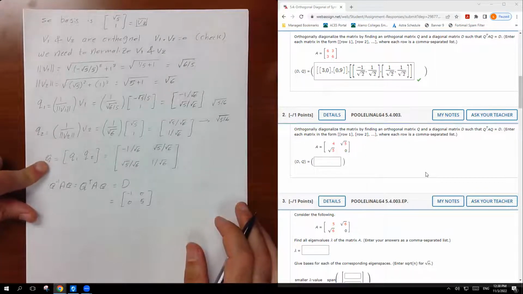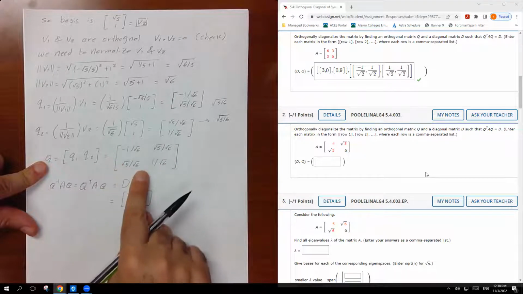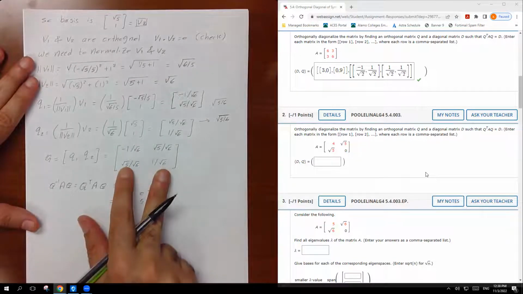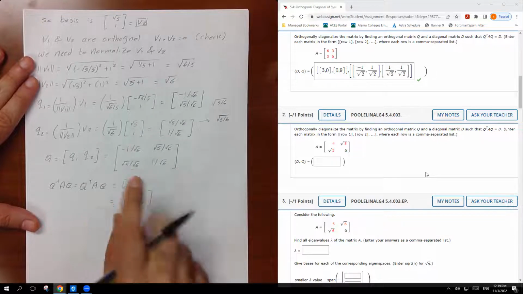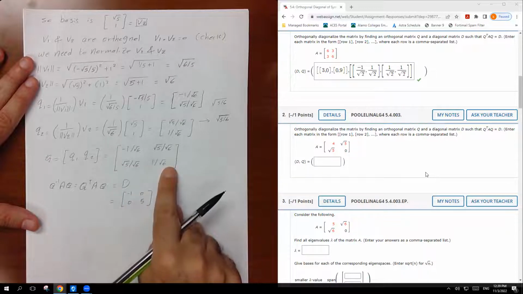Now our Q matrix is going to be Q1, Q2, and here is the matrix. This matrix has the columns, or the vectors, for these two. The dot product between Q1 and Q2 is going to be 0, and the length for each one is going to be 1.